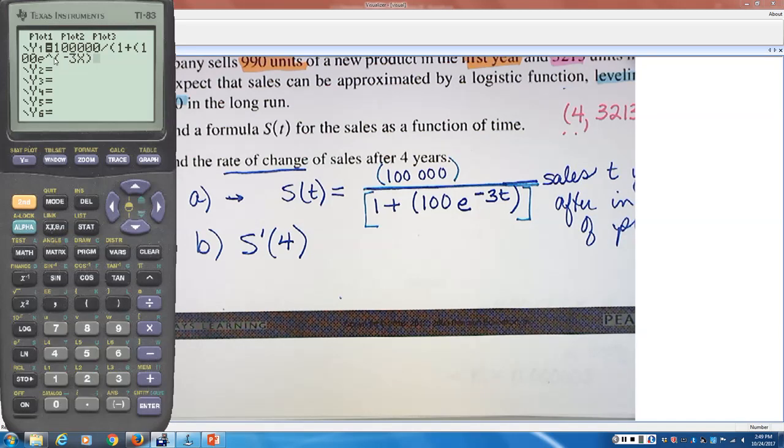Close the parentheses for the power because it opened them. Close the parentheses for the expression around 100 times e raised to that power, and then finally close the last set of parentheses. If you're not sure if you closed everything, there's the first set, second set. Right in front of that was the third set, so we need to close 3 sets of parentheses.